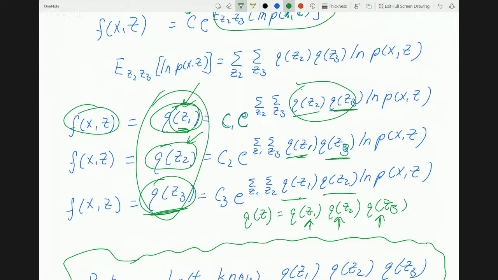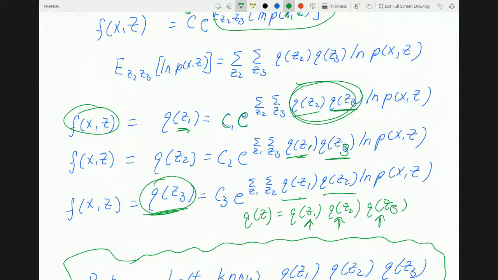There's a slight problem with our assumption: we can't find QZ1 because we don't know QZ2 and 3, and we can't find QZ2 because we don't know QZ1 and 3. So it's like a chicken and egg problem. You need QZ2 and 3 to find QZ1, but you need QZ1 to find QZ2 and 3. That's a very obvious problem we have.